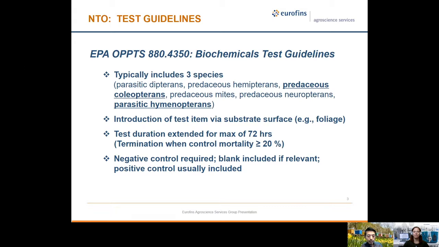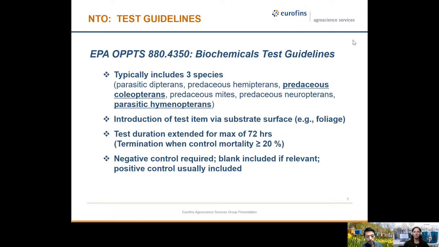And for these types of tests, the test item is introduced via application on a substrate surface, usually on foliage or leaves. And the insect comes into contact with the substrate that is applied.